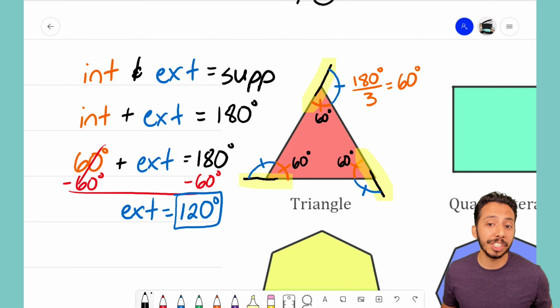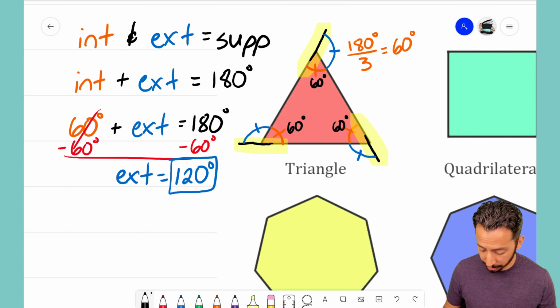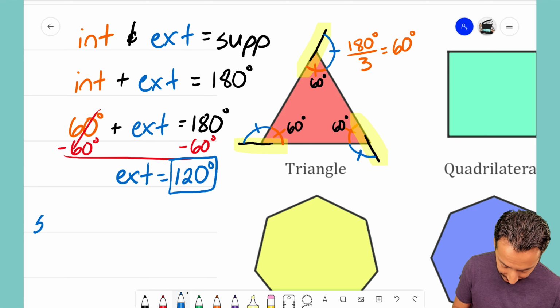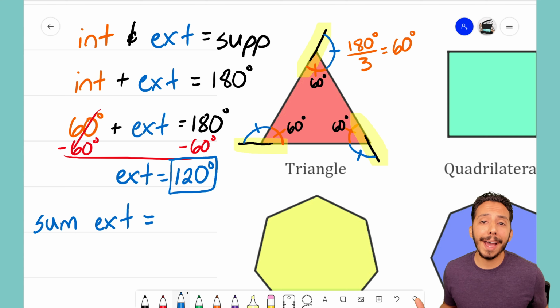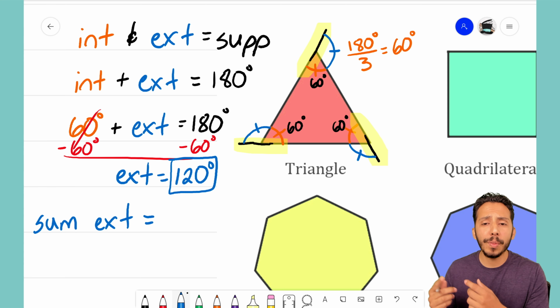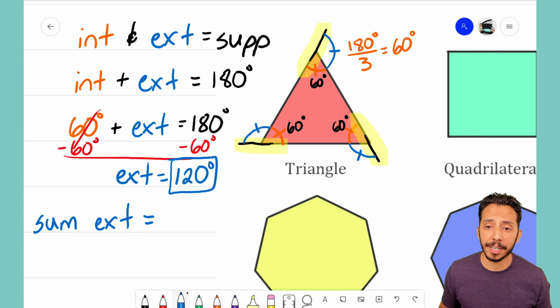Now, I'm not interested in just one exterior angle here. I'm interested in the sum of the exterior angles. To do that, it's a short little extension. I know that there are 3 exterior angles there. I see them, 1, 2, and 3. I know that they are all congruent because this is a regular polygon.